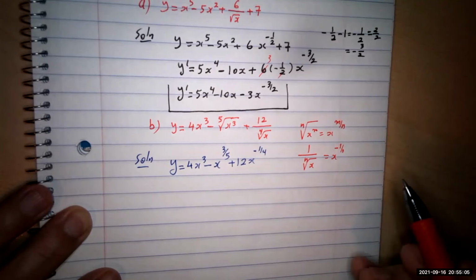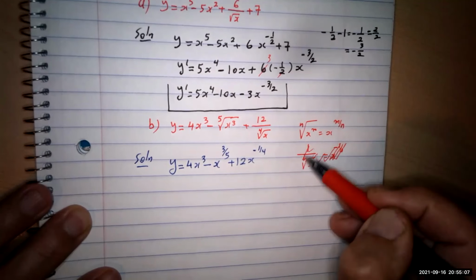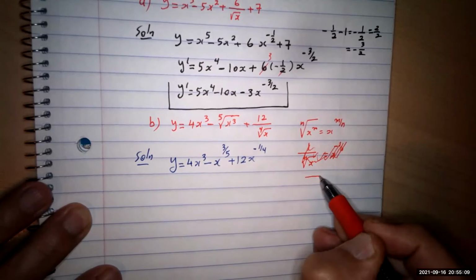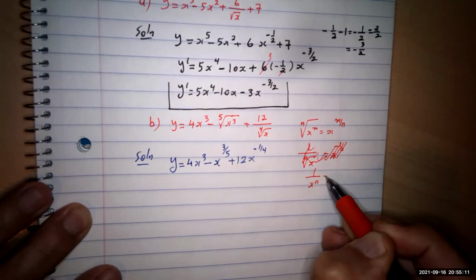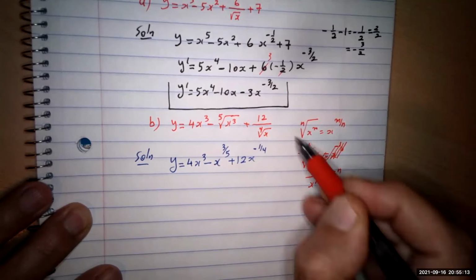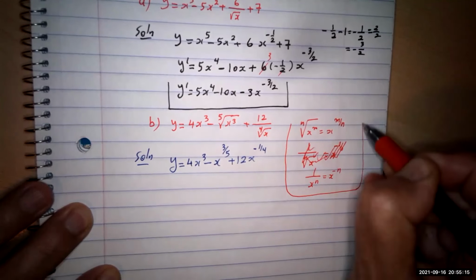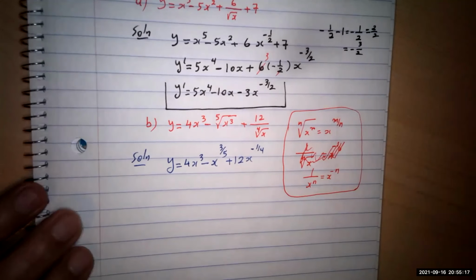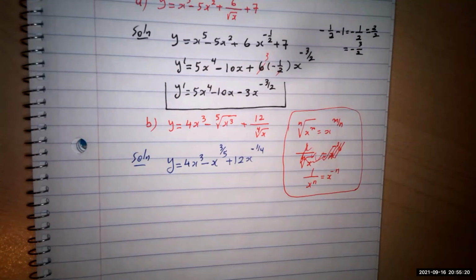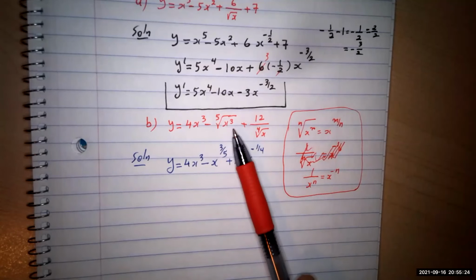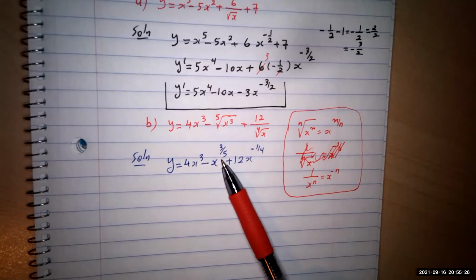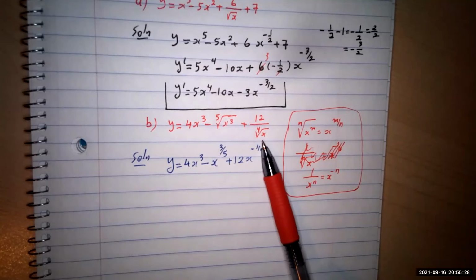Or, let's give something easier: if you have 1 over x to the n, you move it up, x to the negative n. So these are 2 formulas that you need to change these radical formats. So the 5th root of x to the third would be x to the 3/5. Over here it's going to be x to a quarter first, and then you move it up, making it x to the negative quarter.